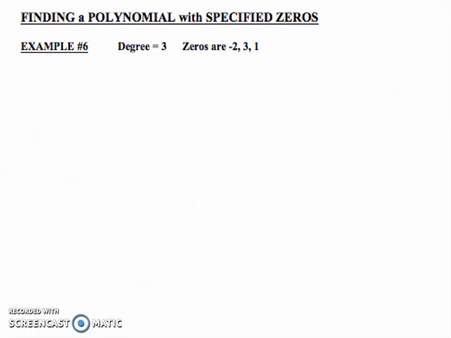Finally, the last part here is kind of the opposite of what we just did. So if you want to find a polynomial that has specified zeros, like in example 6, they're telling us that our polynomial has a degree of 3, and the three zeros are -2, +3, and +1. Well, what you need to remember is that each zero came from a factor.